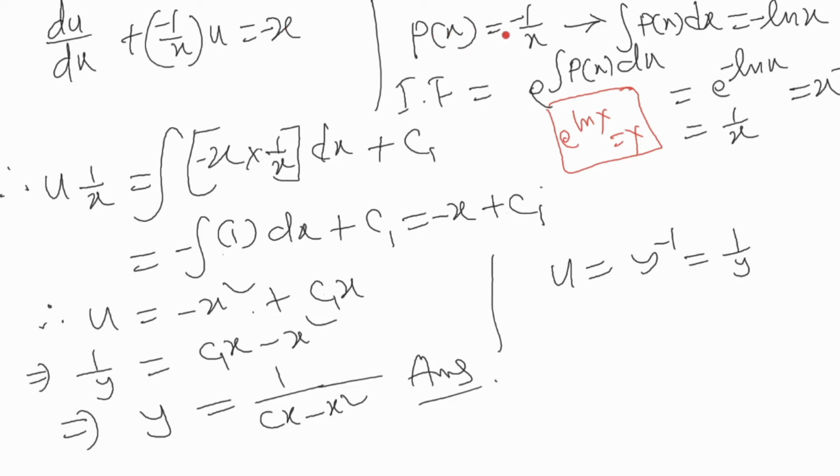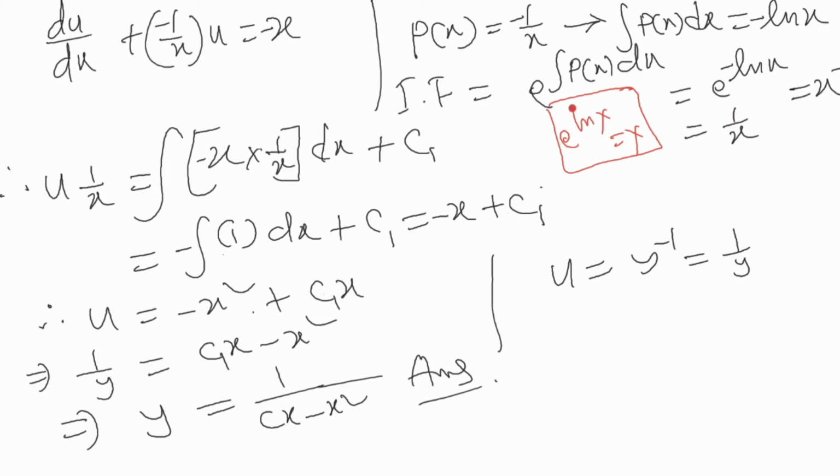Here p equals -1/x, so the integration of p dx is equal to -ln x. So the integrating factor is e^(∫p dx) equals e^(-ln x) equals x^(-1), that means 1/x.